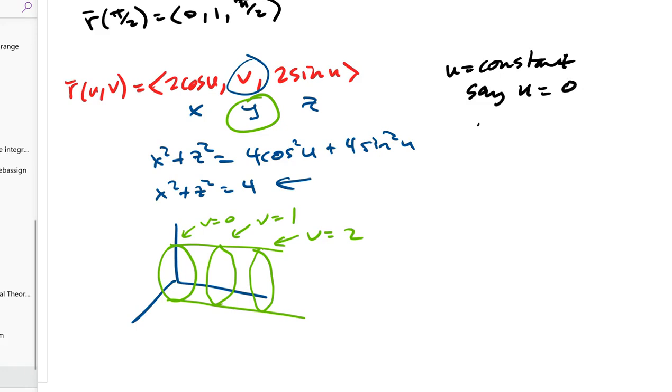So when u is 0, I'm looking at this, we get 2, v, and then 0. So this is x, y, and z, right? So x is always 2 in that case, so here's 2.